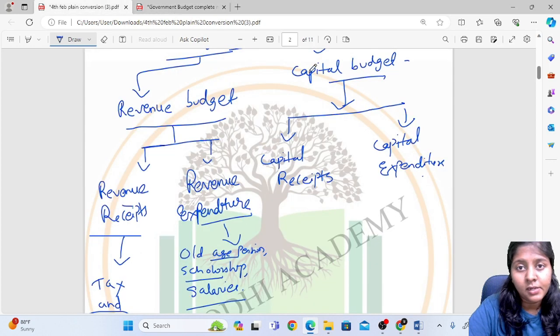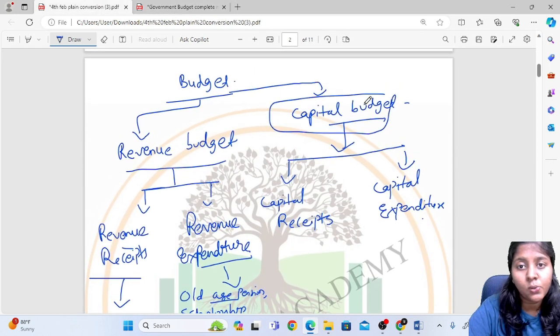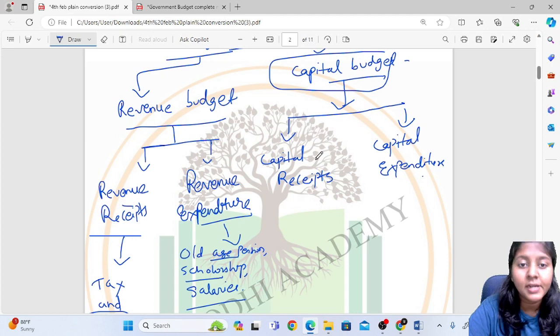Coming to this part, that is capital budget. As I had told, capital budget includes two things, capital receipts and capital expenditure.